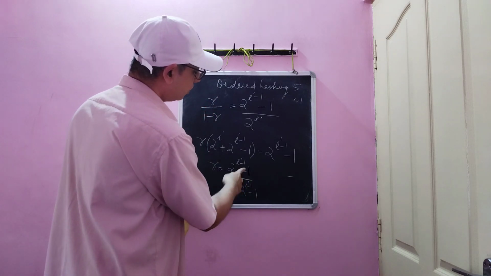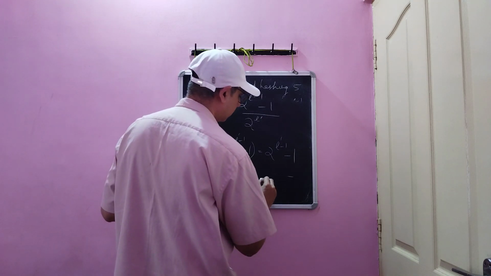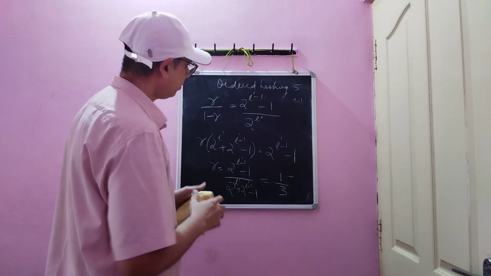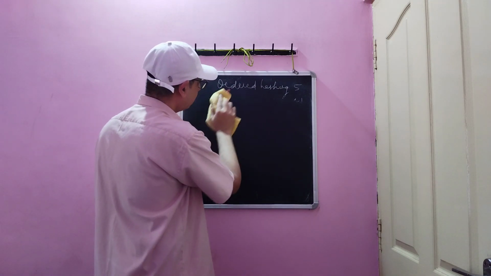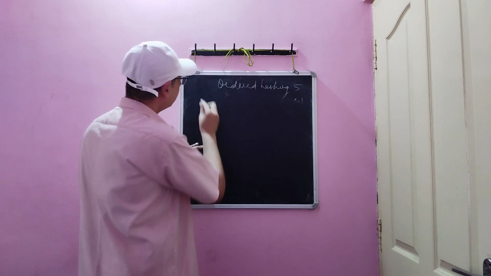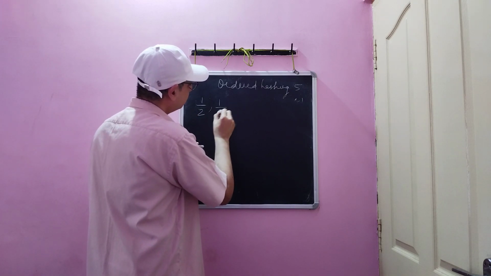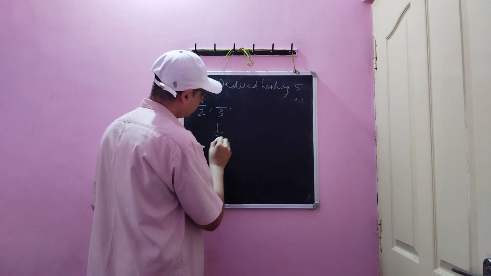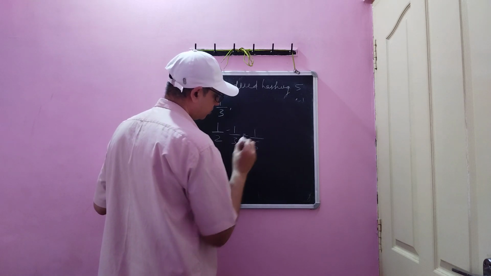Here we can afford to take away minus 1 from both sides. We will be left with the ratio 1 by 3. So the next ratio will be 1 by 3. Similarly, if we have 1 here, a half here, the next ratio is 1 by 3 here, we will be left with half minus 1 by 3 equal to 1 by 6.